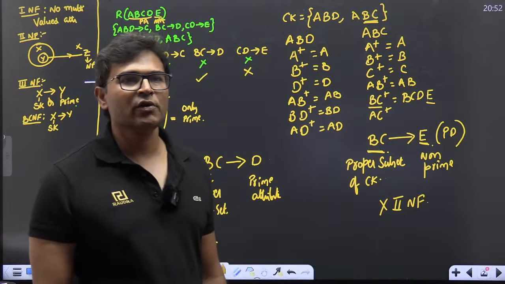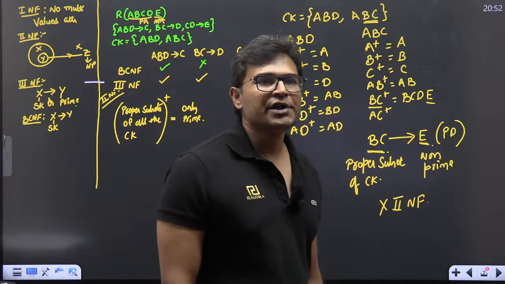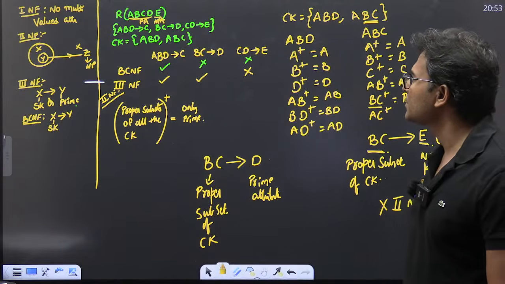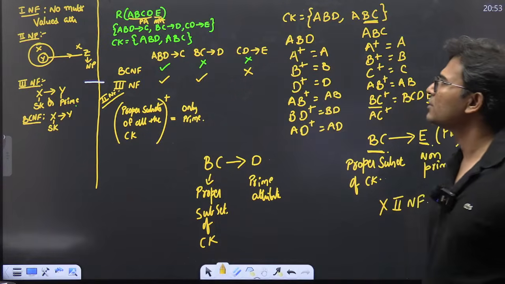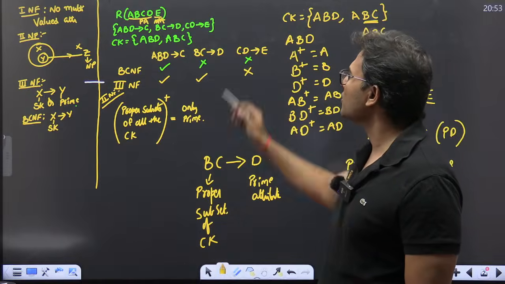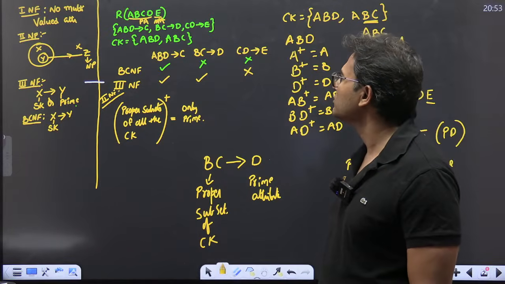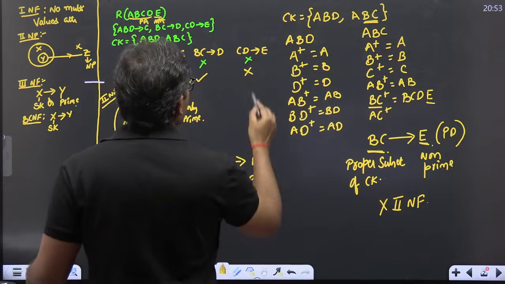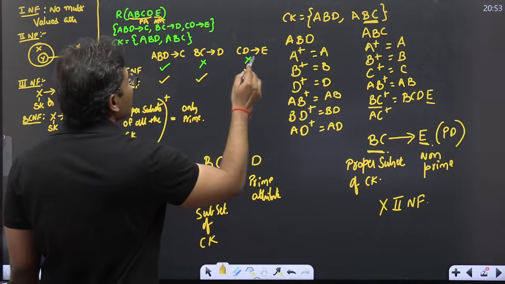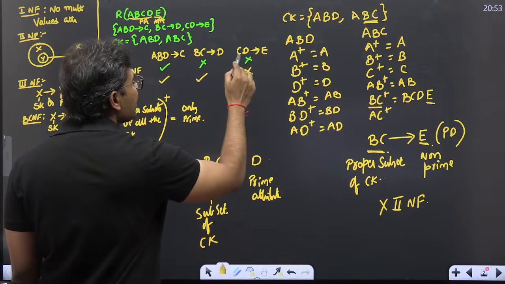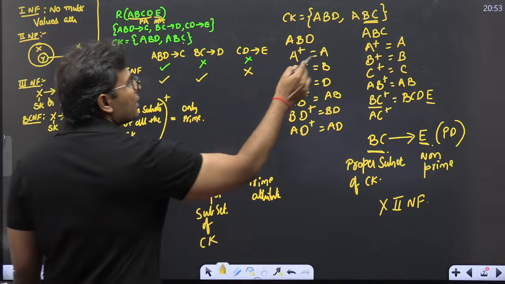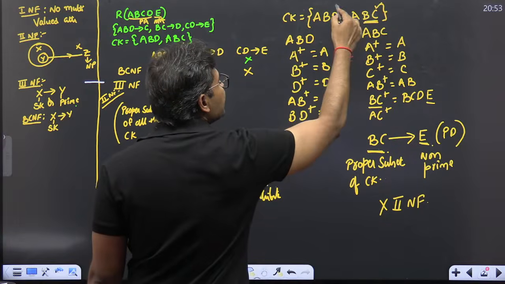Shruti, you understood now? CD determines C is a partial dependency. Where is CD determining C? Here. CD is not a part of the key at all, right? How can you say CD determines DE is a partial dependency? You are thinking that CD, here C is there. See this clearly. C is here and D is here.